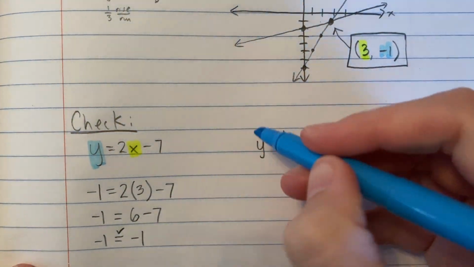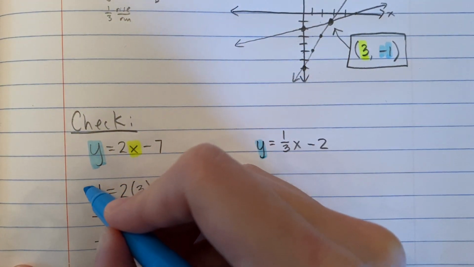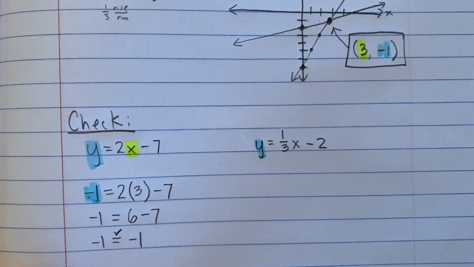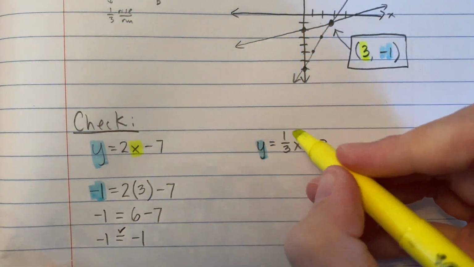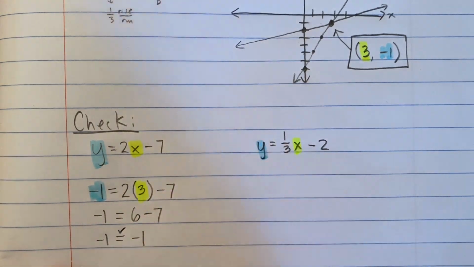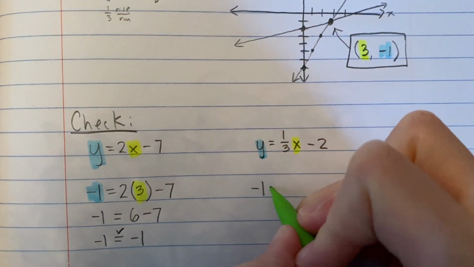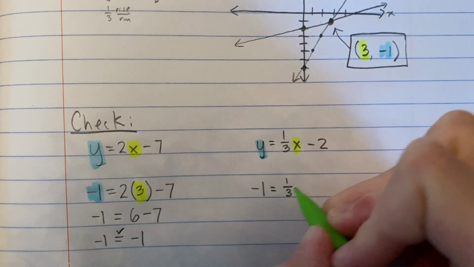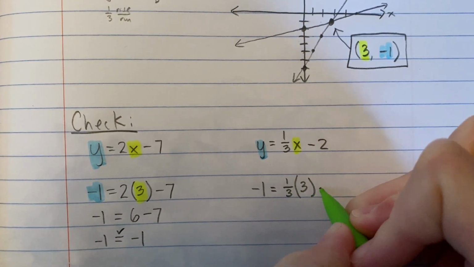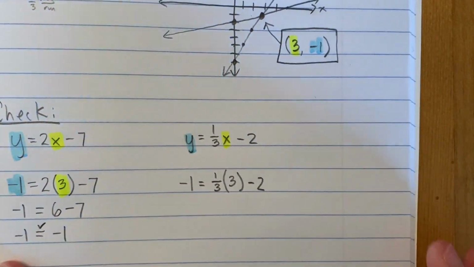Once again, I'm going to plug in my y value for y, just like I did here, -1 for y. And of course, I'm going to plug in my x value for x. So y value is -1 equals 1/3 times 3 minus 2. Let's do that 1/3 times 3 over here.